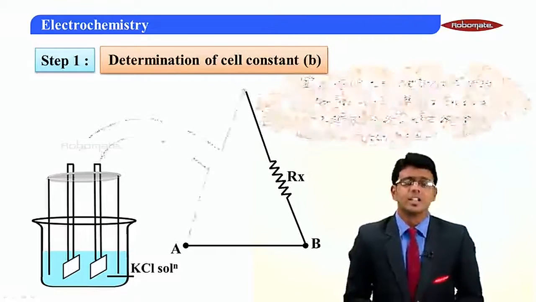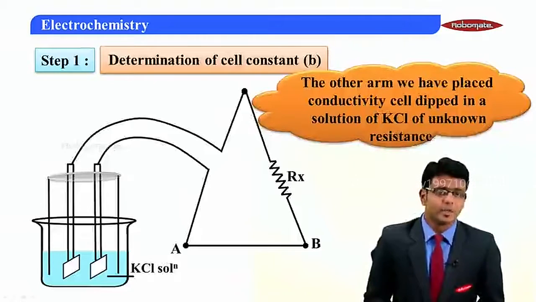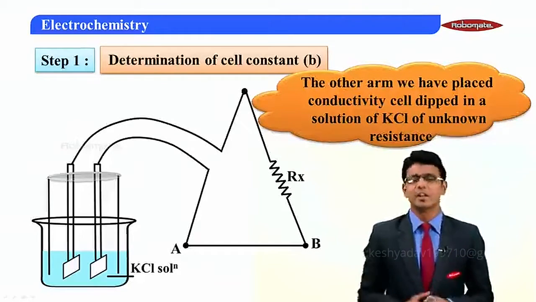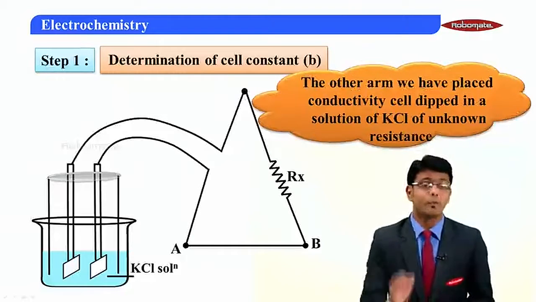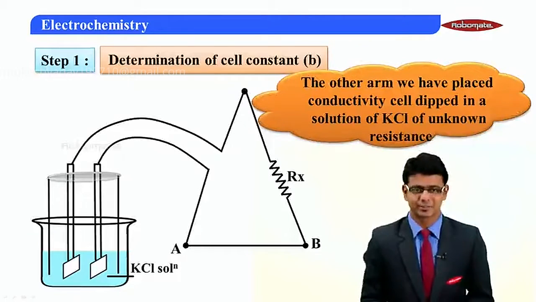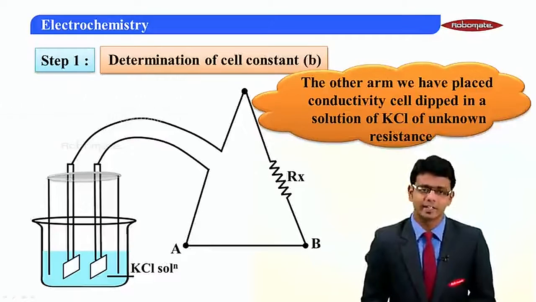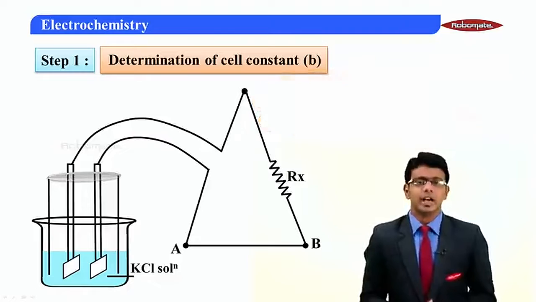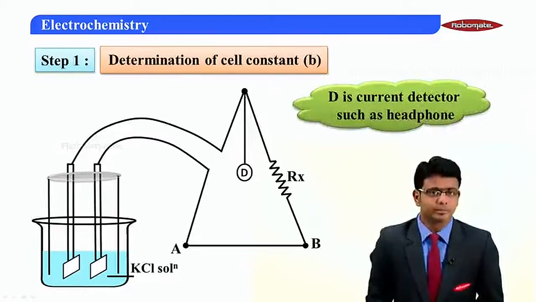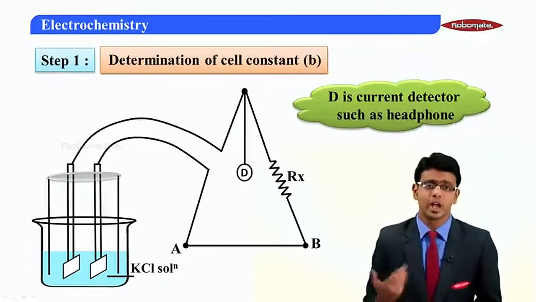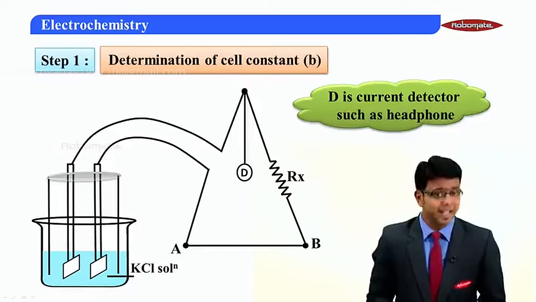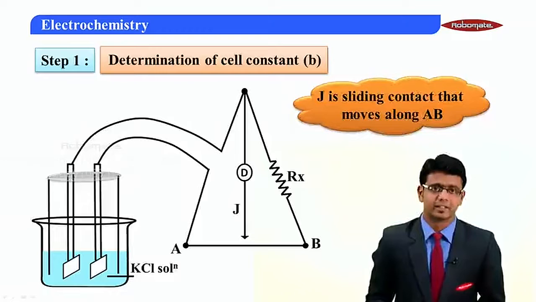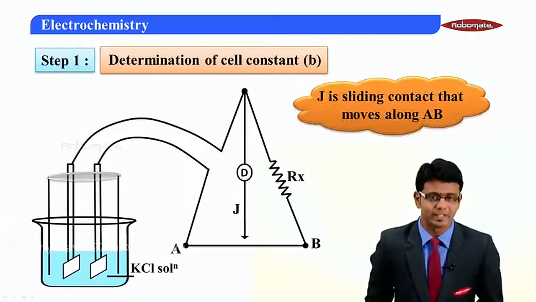In the other arm we have placed the conductivity cell dipped into a solution of KCl of unknown resistance. So precisely we are finding the resistance of KCl solution here. Here we are using a detector, a current detector, which could be regarded as a headphone, and there is a sliding contact which is moving along AB.